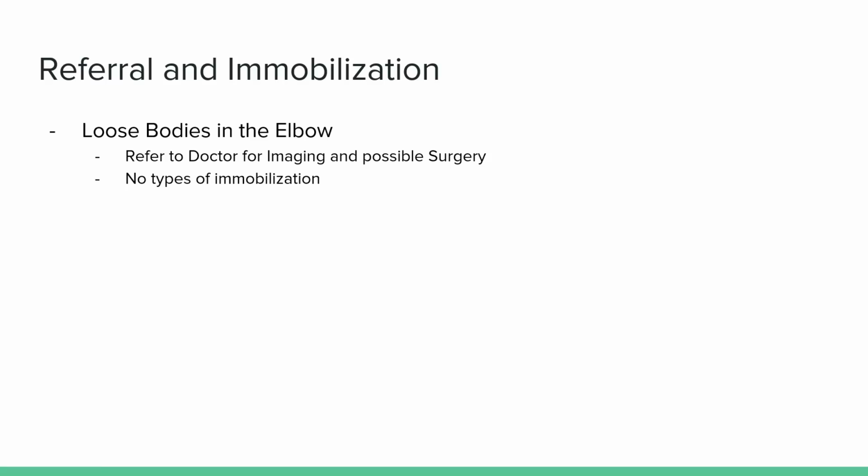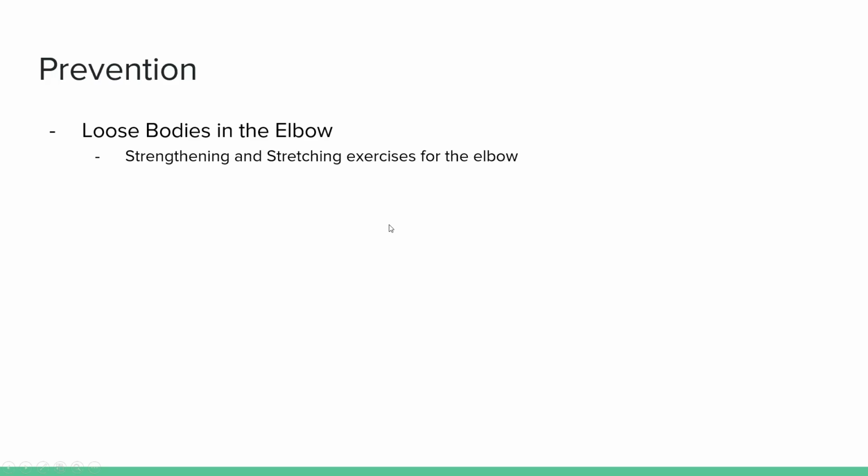There really aren't any types of immobilization except you could just say limit range of motion, like don't move that arm as much, or don't move it in the way that it locks or clicks or hurts. Some prevention would just be strengthening and stretching exercises for the elbow, basically to prevent any tearing of muscles or cartilage in there.